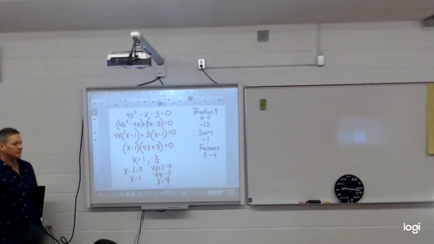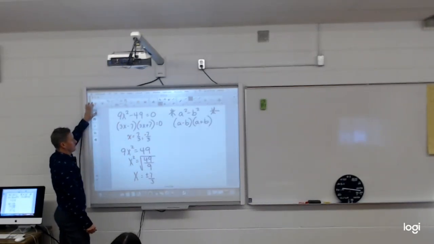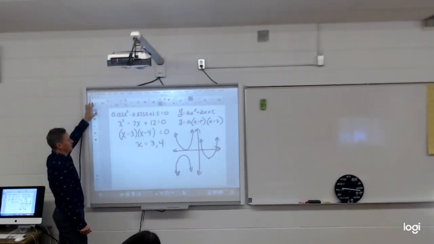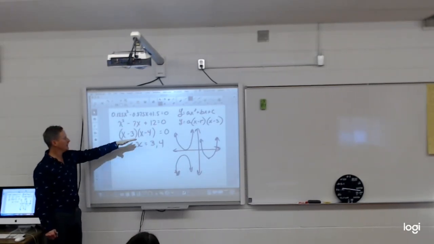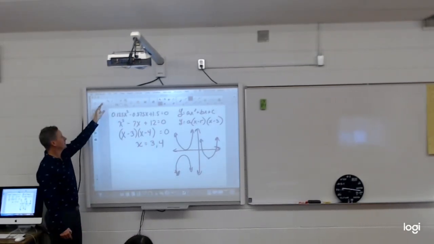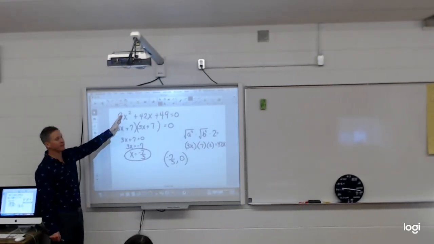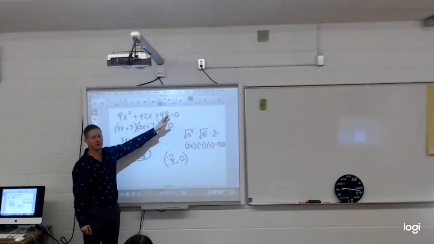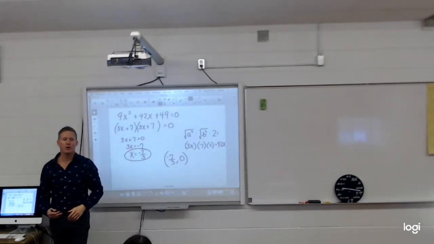Questions about this? So I showed you 3 today. First one, we divide our a out and then factor it. The second one, which is very similar to the third one, is we identify a perfect square and a perfect square. This is called a perfect square trinomial.